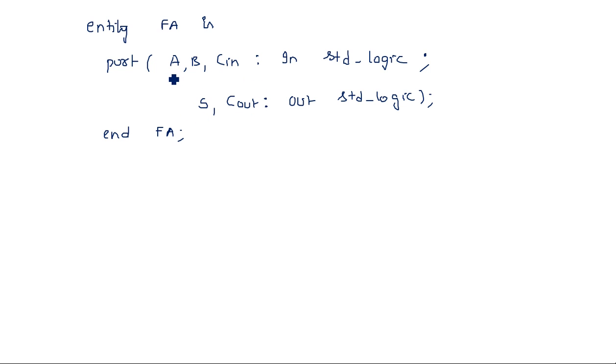In the entity, I told you we specify only what the inputs and outputs are, and in which direction, that means whether it is an input port or output port. We don't have any other chance to specify that. Next one is architecture.